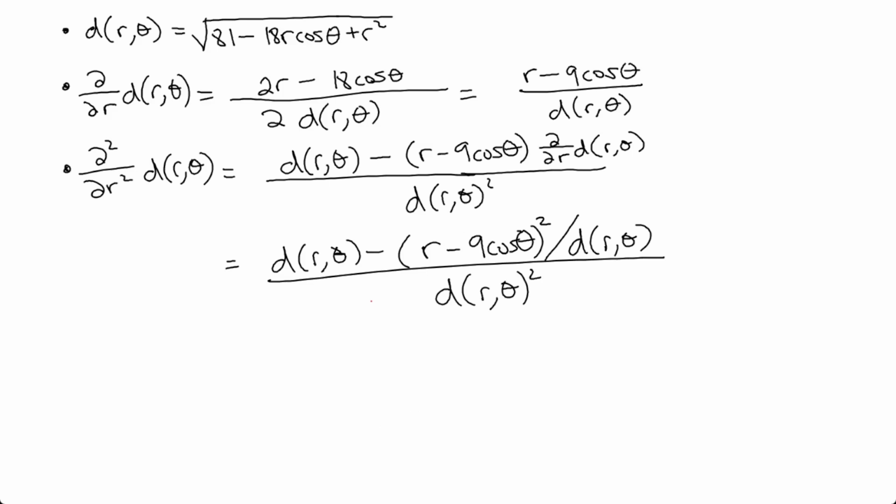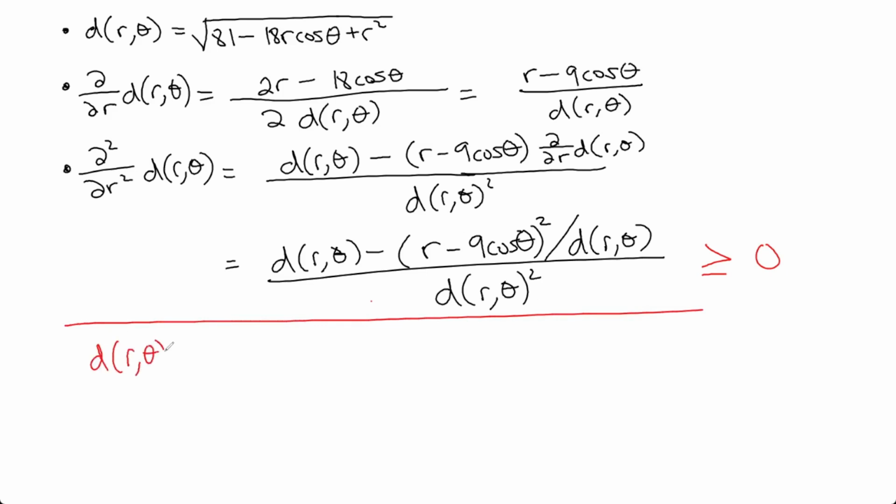Now here's a really nice fact about the second derivative that we just calculated. We can easily show that this is non-negative. Clearly the denominator is non-negative. It's a distance which is being squared. Just the fact that it's being squared at all makes it non-negative. So whether the fraction's non-negative really just comes down to the numerator.